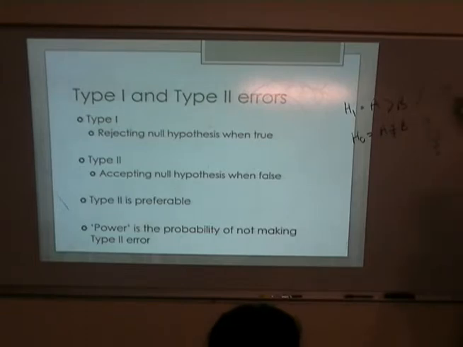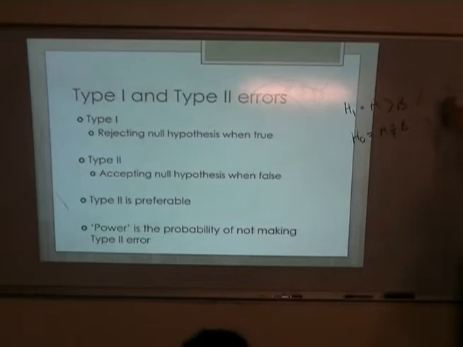A type 2 error means that I say I found no significant difference when actually there was a significant difference. Which is annoying, but it's safer. Does that make sense?